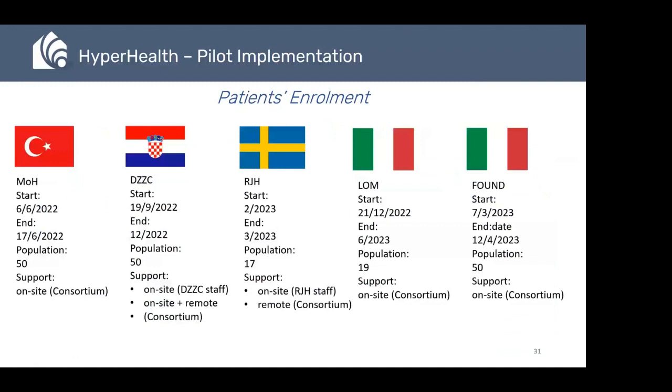This is a brief overview, still about the enrollment, especially depicting the starting and ending date at each pilot site and the number of patients that we managed to involve.